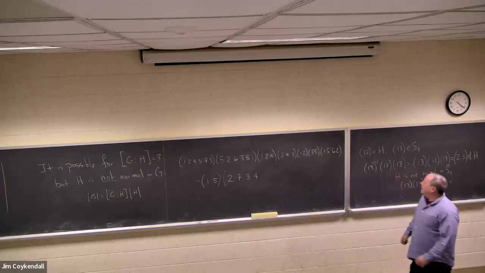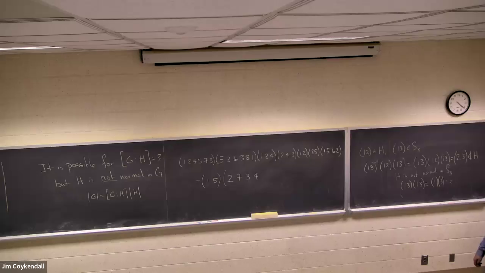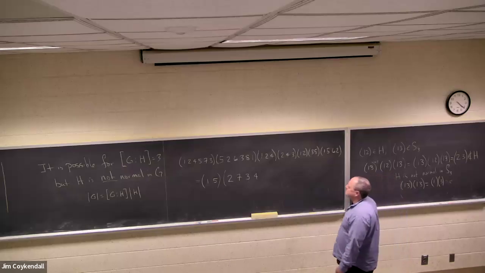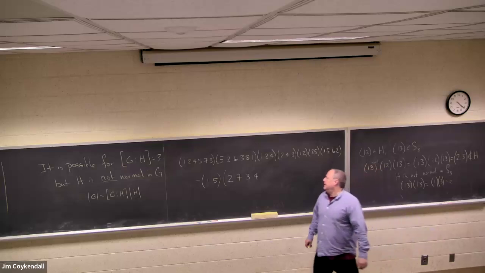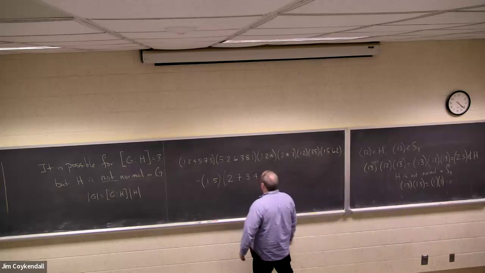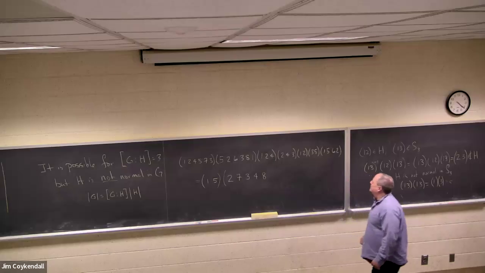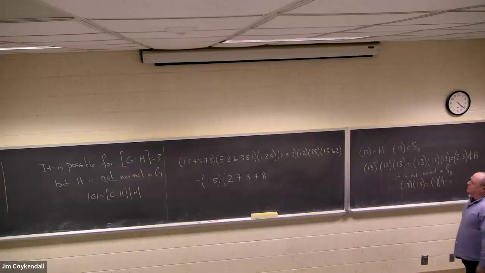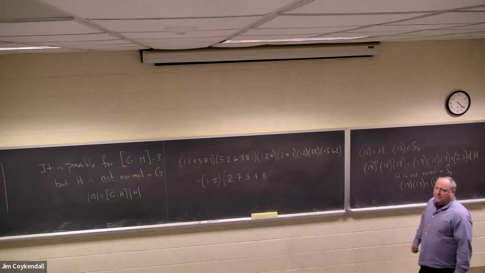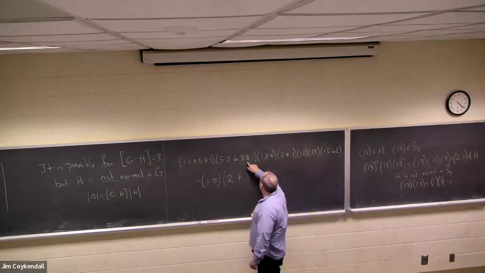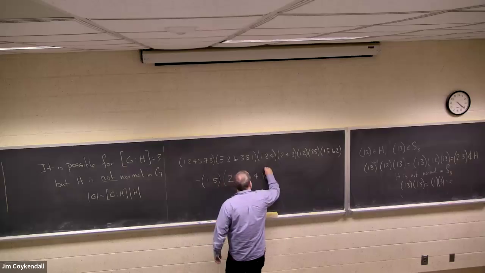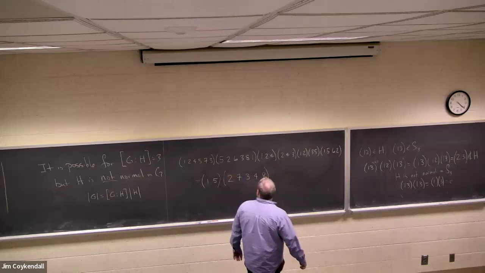How about 4? 8. How about 8? 3. Right. There's no 8s until I get here. It goes to 1, then to 2. That closes off that cycle. Am I done?